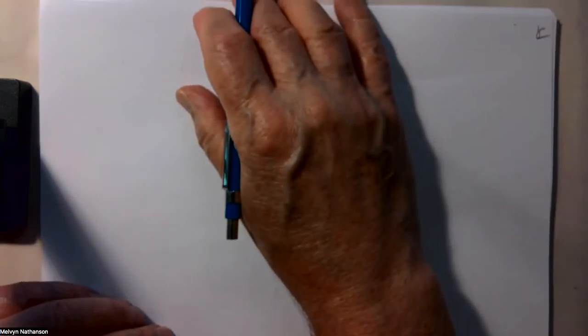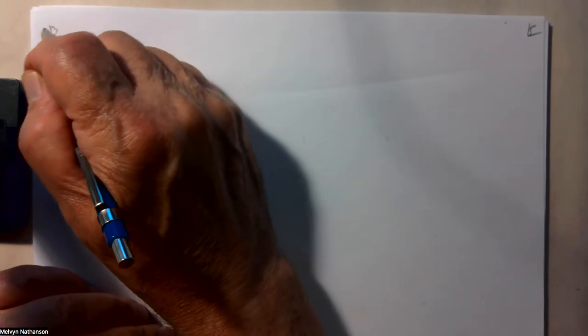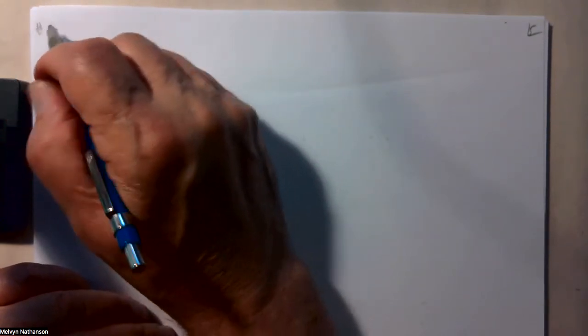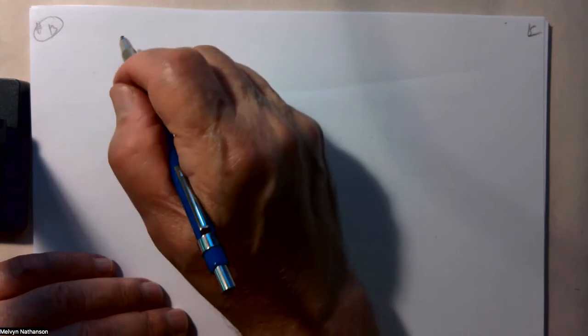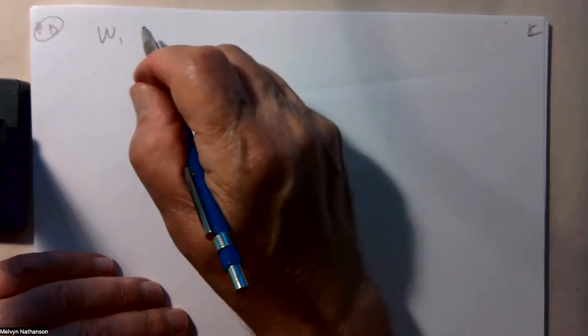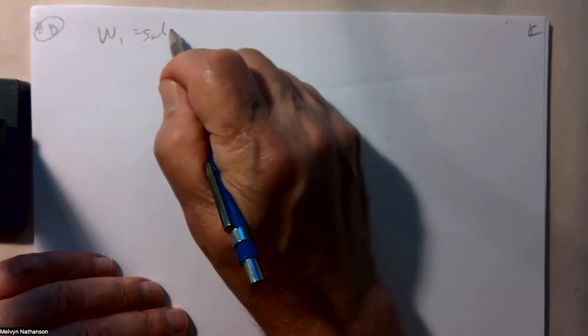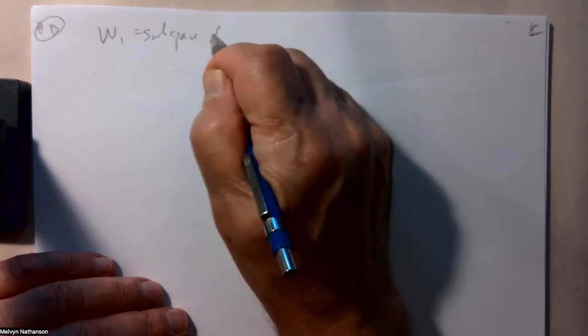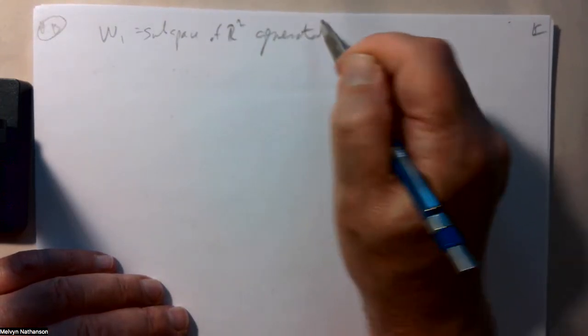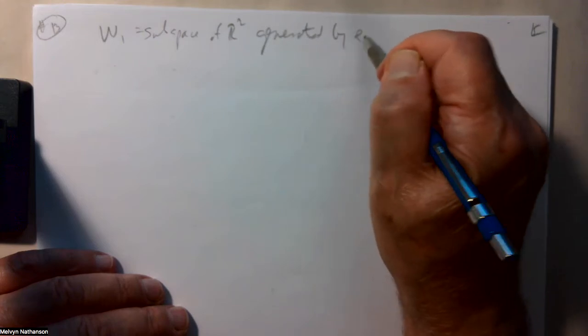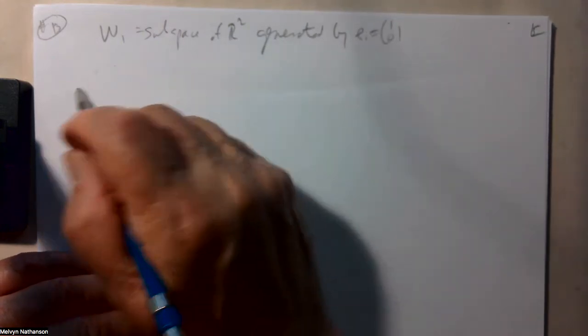Let's look at problem 13 in this set. So in 13, we have W1 is the subspace of R2 generated by the vector E1 equal to (1, 0).